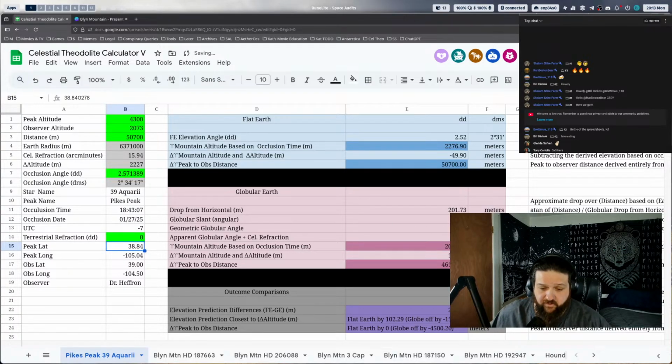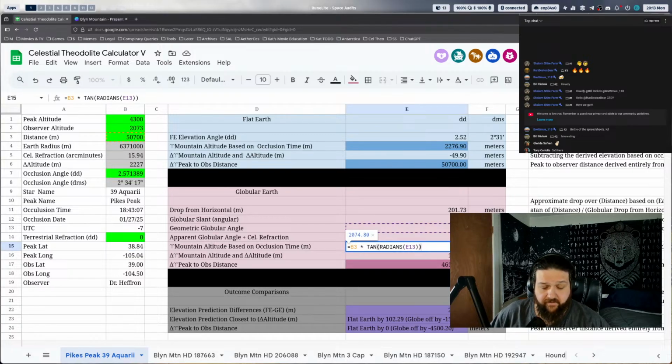That's the 220 here. And from that angle, based on the occlusion timing, what we can now do, in the same way that we were deriving the other predictions, just using the tangent, is take the tangent of the globe drop and the distance.